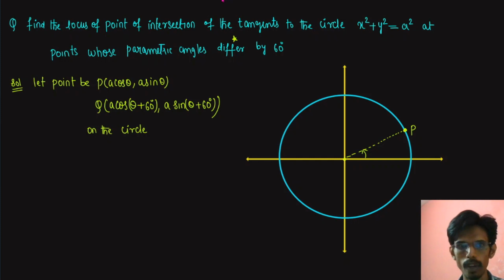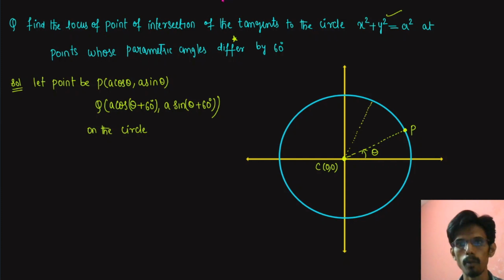Here the center is the origin, because for this circle x square plus y square equal to a square, the center is 0 comma 0. Now it is making an angle theta. Now another point will be 60 more than this. So let me mark it here.